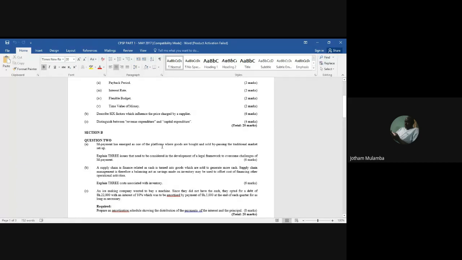Explain 3 issues that need to be considered in the development of a legal framework to overcome challenges of M-Payment. Now, this question is asking us to come up with a solution to some problems. So probably we can start by identifying some of the problems that are associated with M-Payment. Then we can go back to the question and respond as it requires. Are there challenges you can identify that are associated with M-Payment?